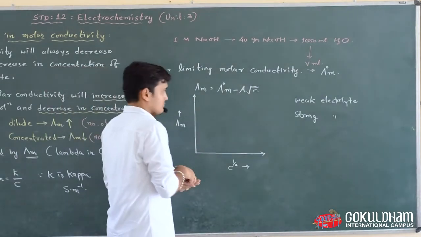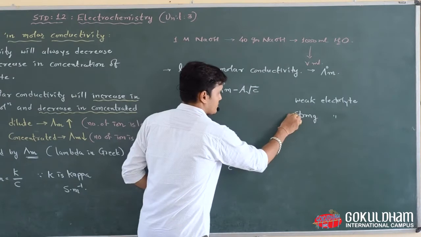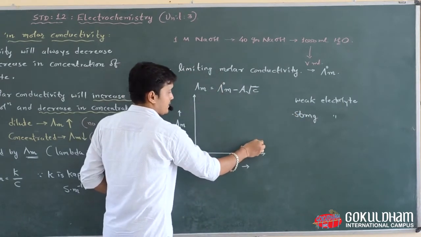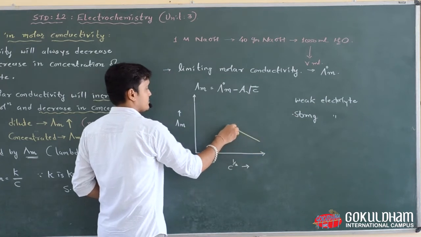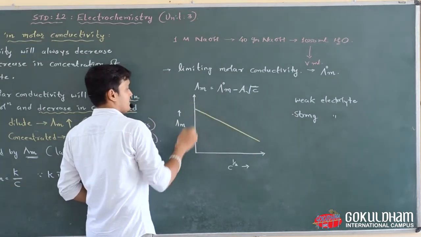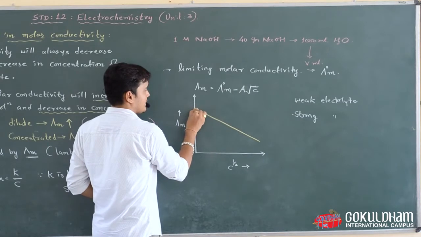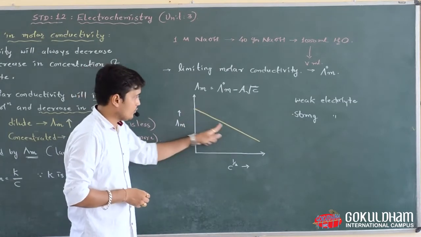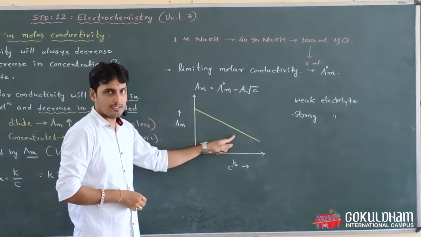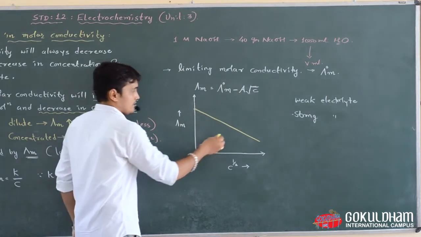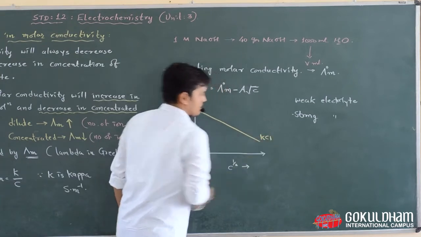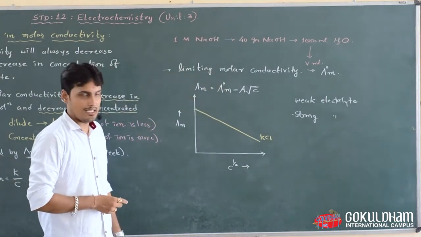So when the strong electrolyte graph is plotted, the graph becomes a straight line and you get the intercept on the y-axis. The value of this slope is -a. This graph is of the electrolyte KCl.